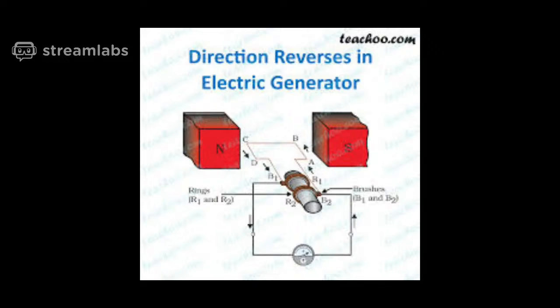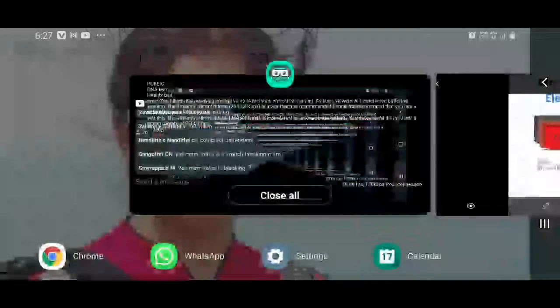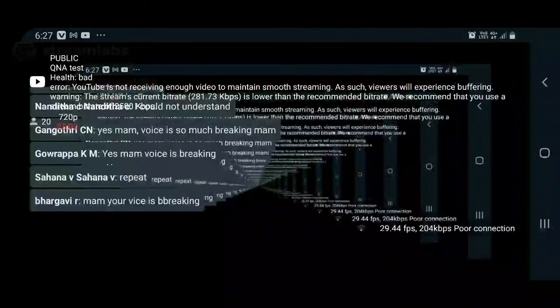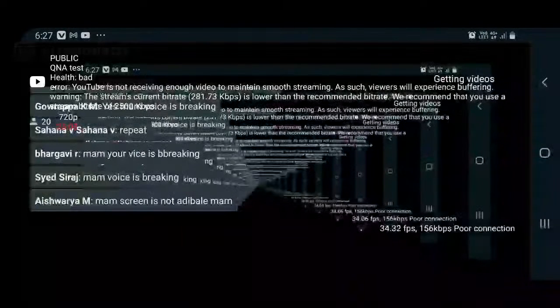Electric generator is a device which converts mechanical energy into electrical energy. Okay, this is very important. You have to practice this diagram. Okay, hope all of you gone through the diagram. Now, this is about physics part. Now, let me move on to the chemistry.